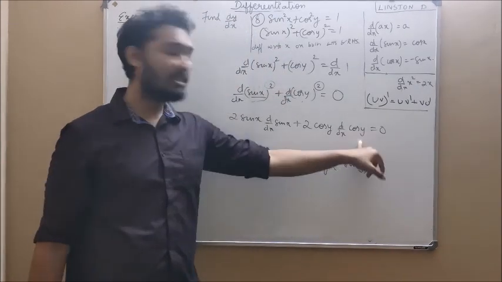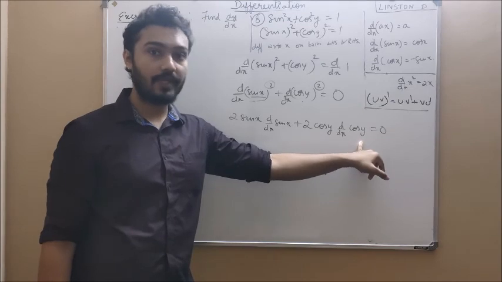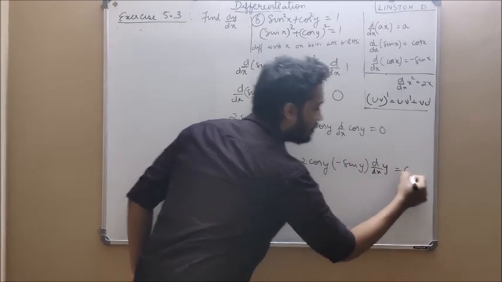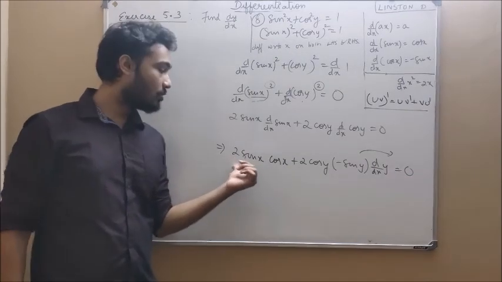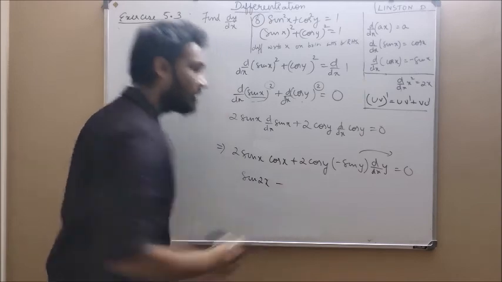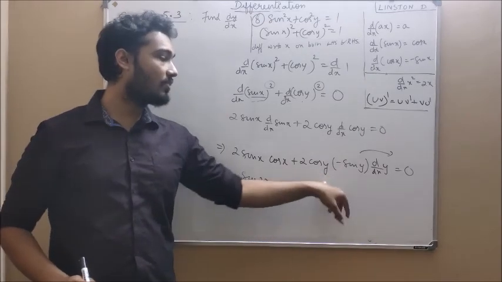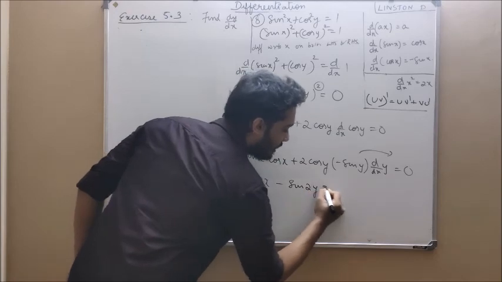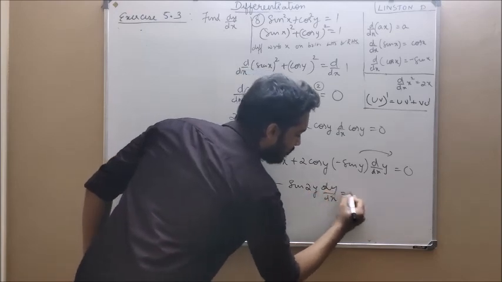Now here this is y. y is a dependent variable, so we differentiate again, d by dx of y. So here 2 sin x cos x is nothing but sin 2x. So sin 2x minus 2 cos y sin y, which is nothing but sin 2y, dy by dx equal to 0.